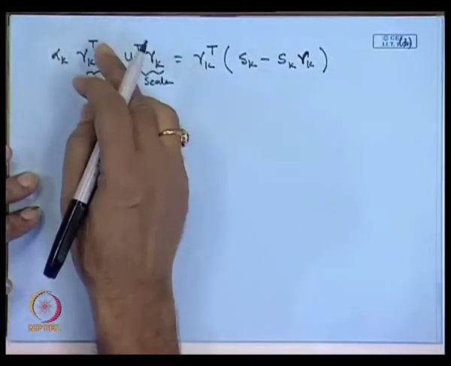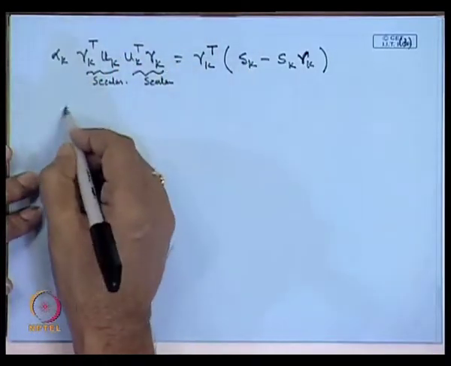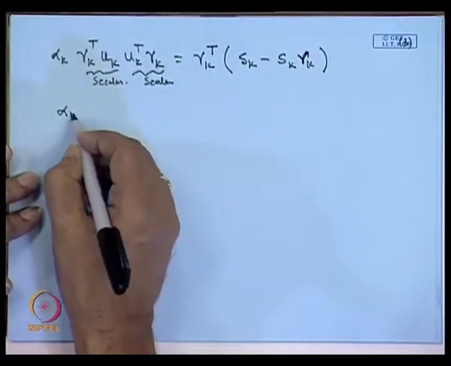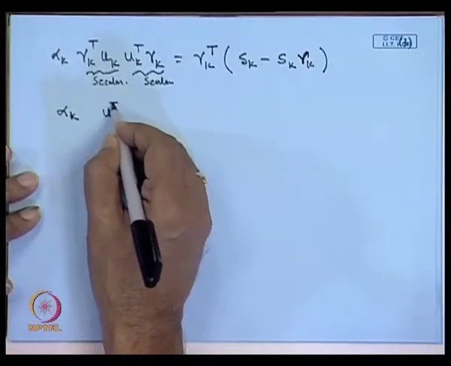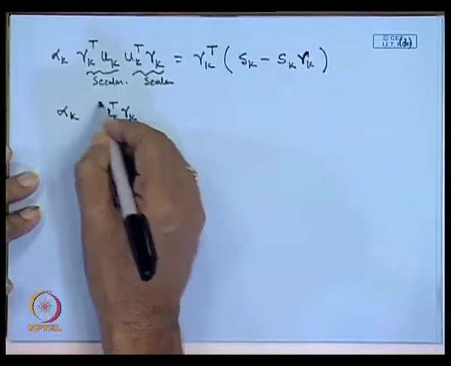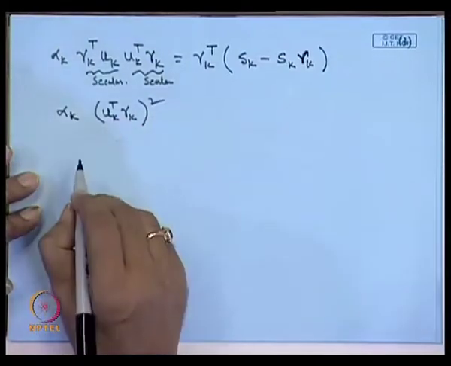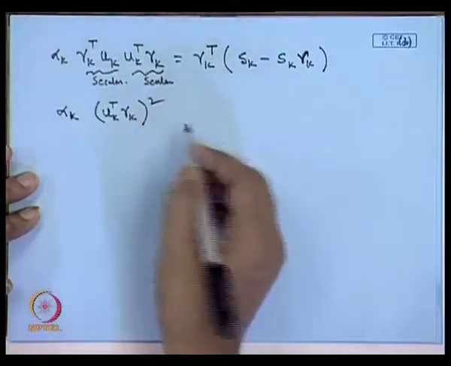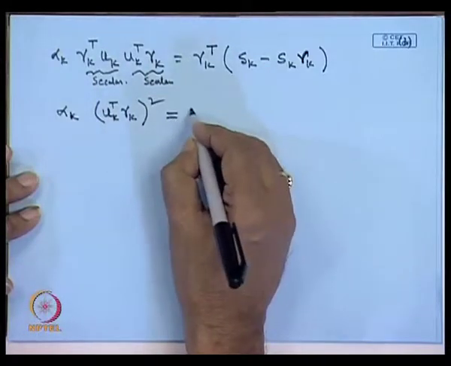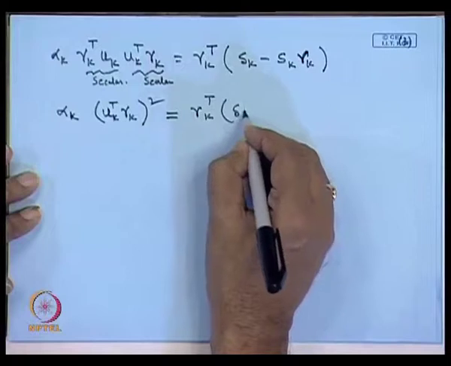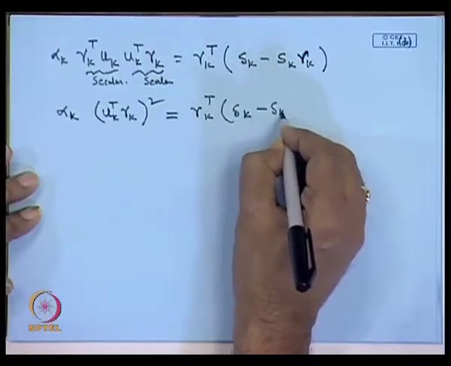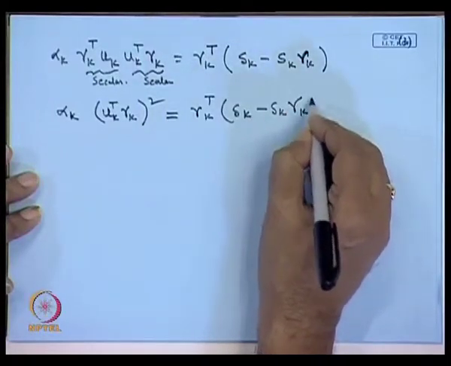So I can write the square: alpha k, u k transpose gamma k whole squared, a scalar quantity squared, is equal to gamma k transpose times delta k minus S k gamma k.